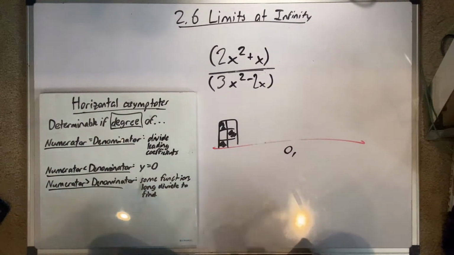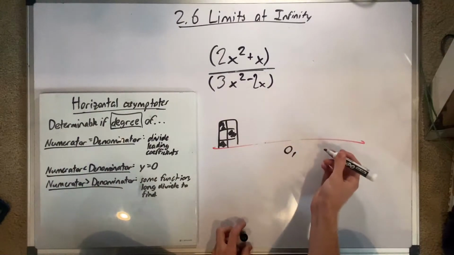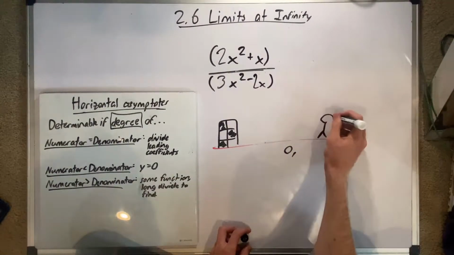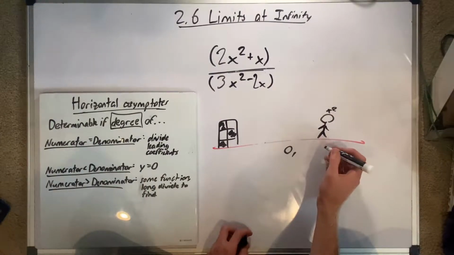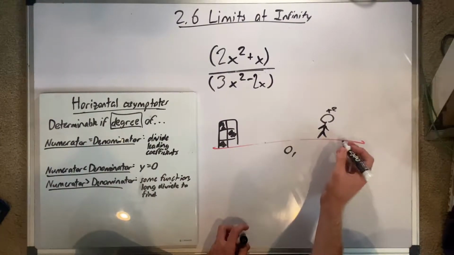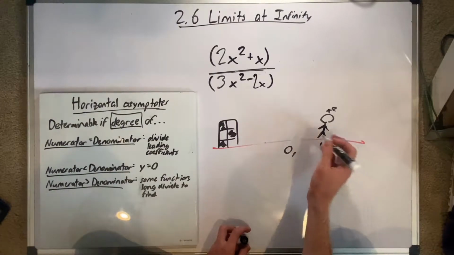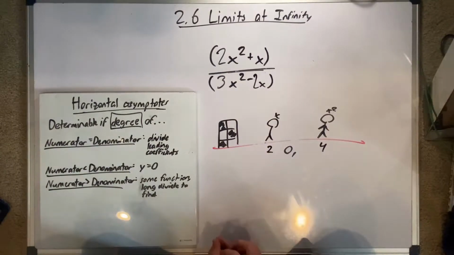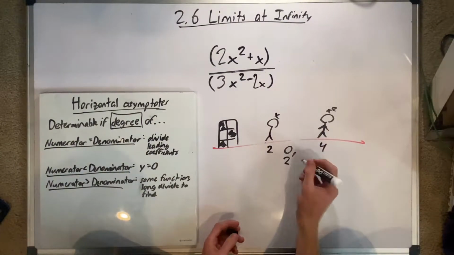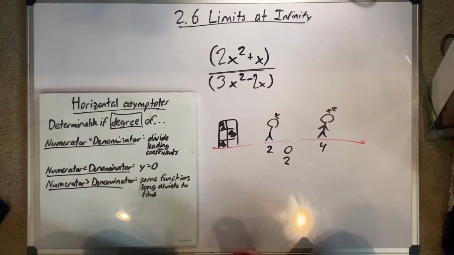Now let's see x is 2. That means we're going to have x squared over here at 4, and we're going to have x over here at 2. The gap is now 2.